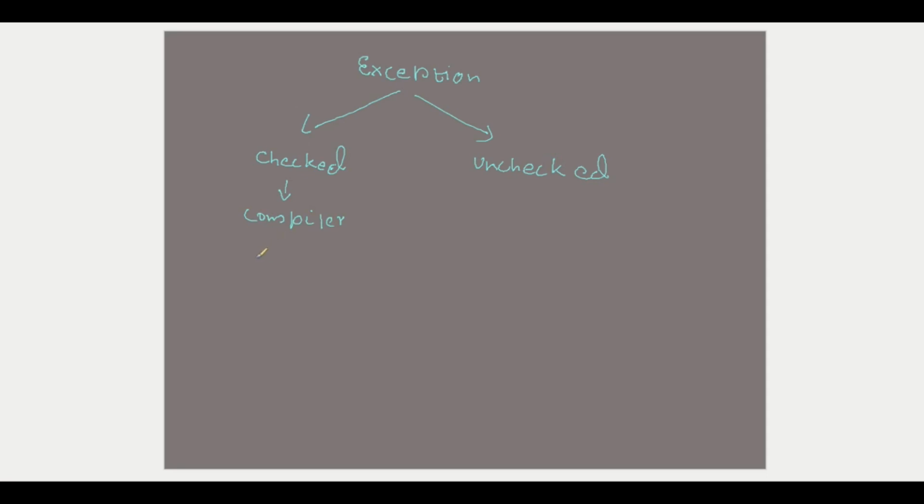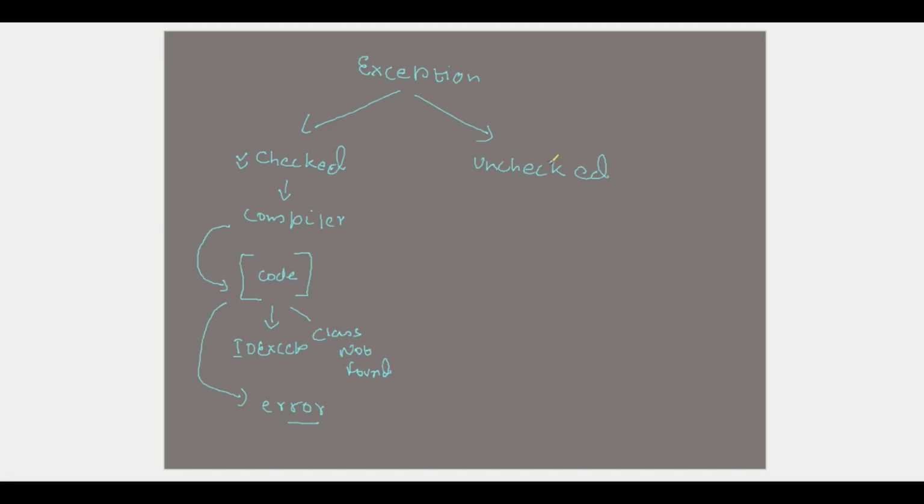If you have written code in Java and an exception of a checked kind occurs, for example IOException or ClassNotFoundException, then the compiler is going to check this exception and throw an error.